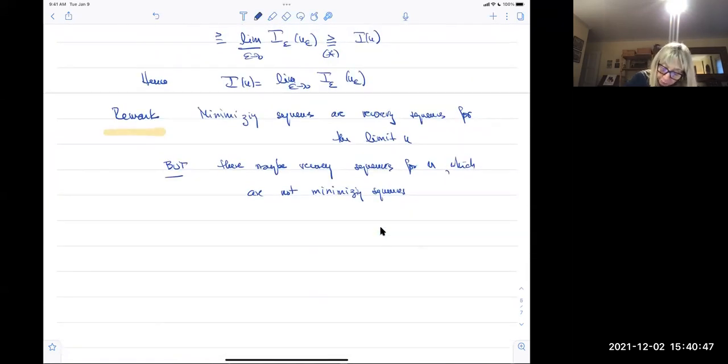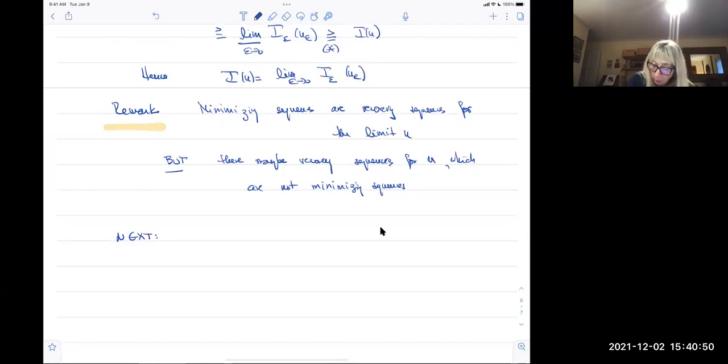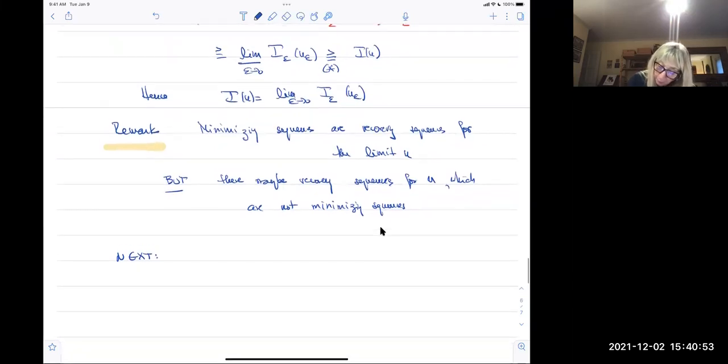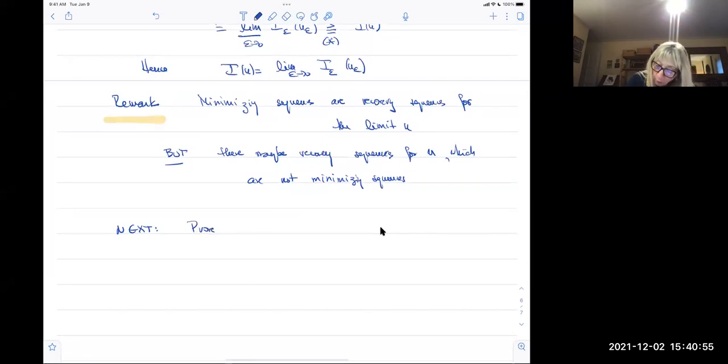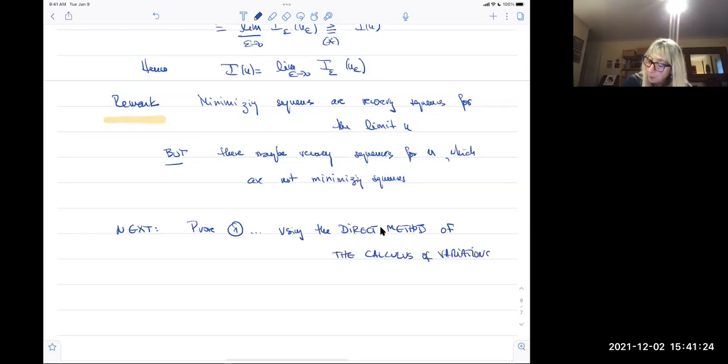So next, we will go over 1. So prove 1. And we are going to do that using the direct method of the calculus of variations.